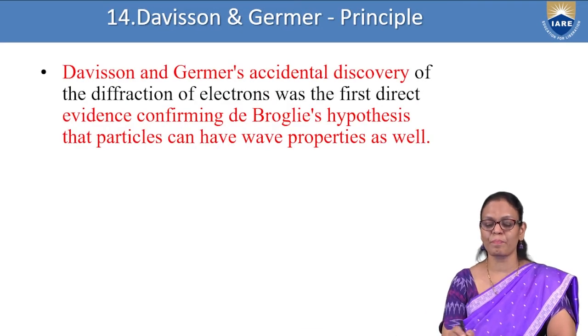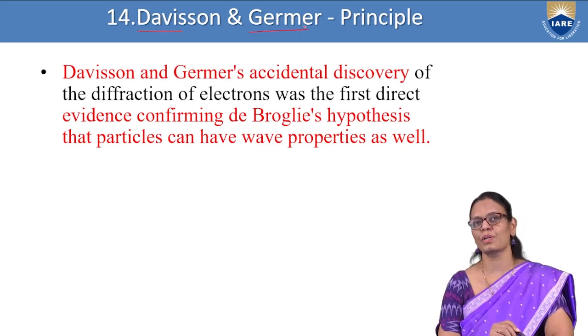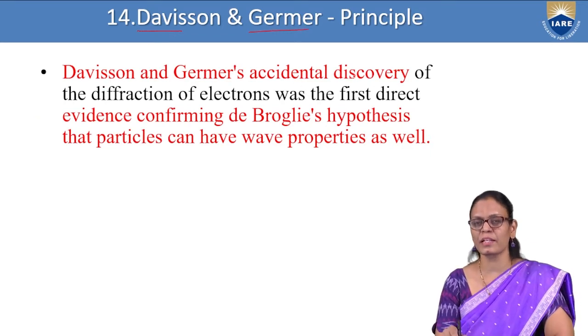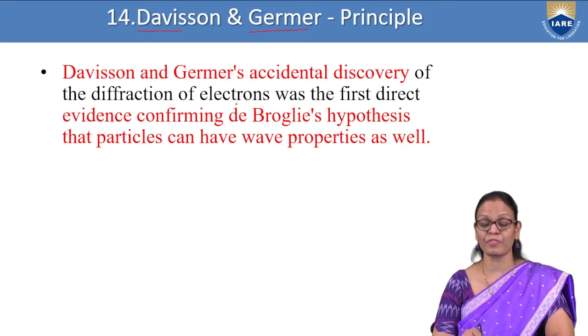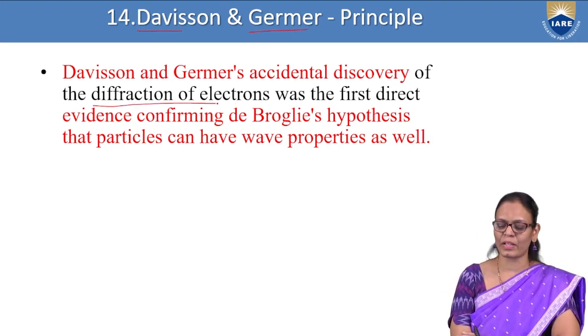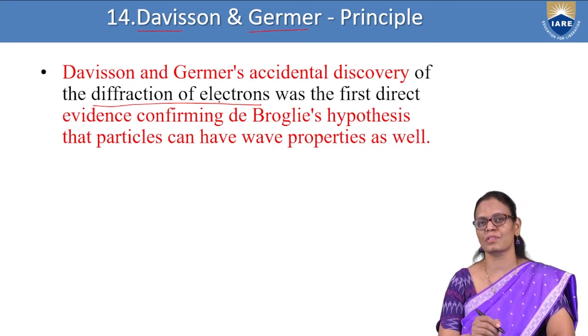Now, what is the principle on which the Davisson and Germer experiment works? Davisson and Germer's accidental discovery of the diffraction of electrons was the first direct evidence. So, it works on the principle of diffraction of electrons.